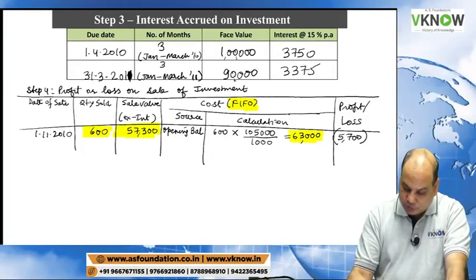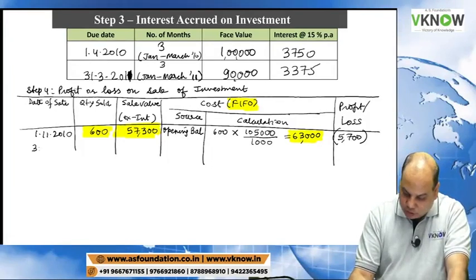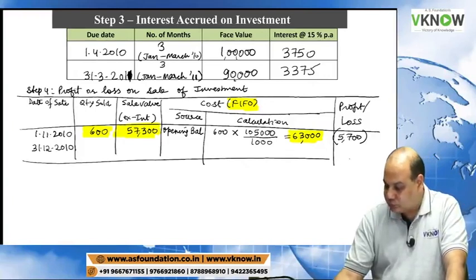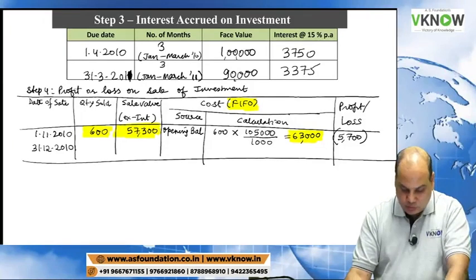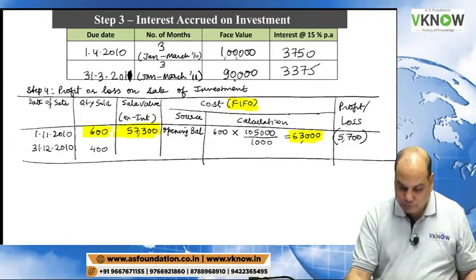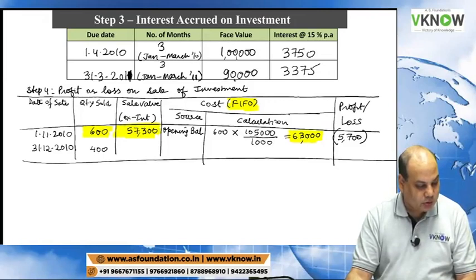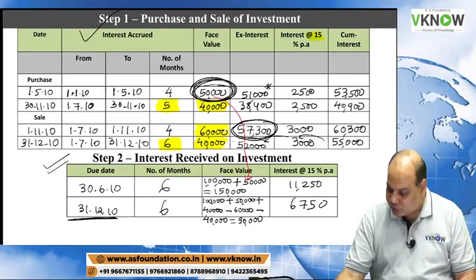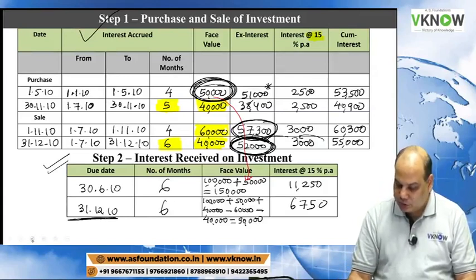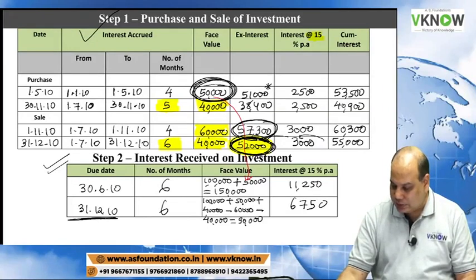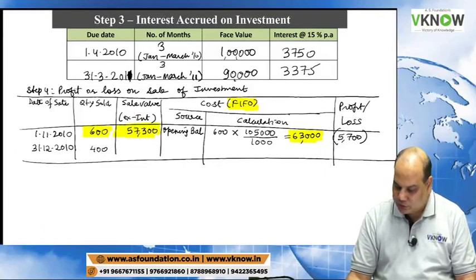And there is another lot which was sold on 31/12/10. Last two lines of the question: 400 units were sold. The ex interest amount in working note 1 is 52,000 rupees, the sale value.